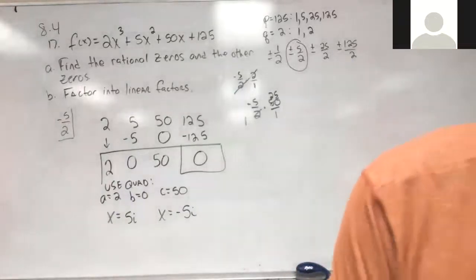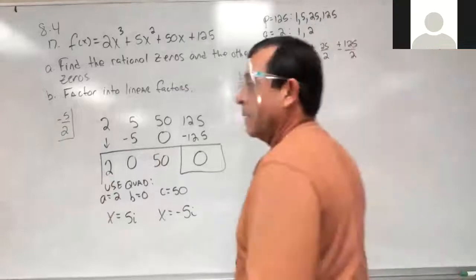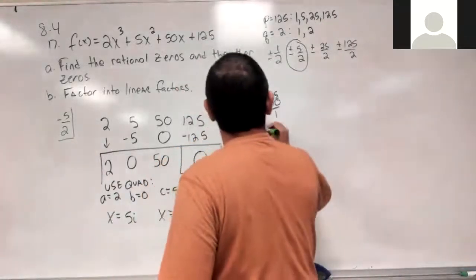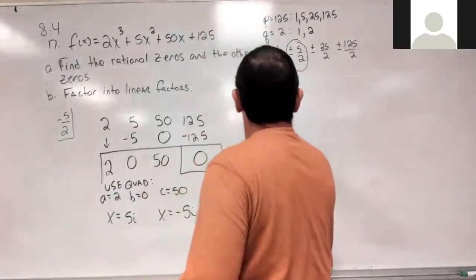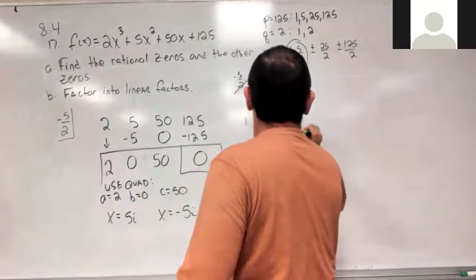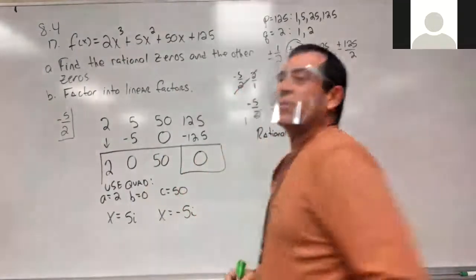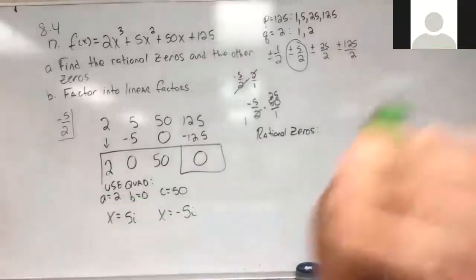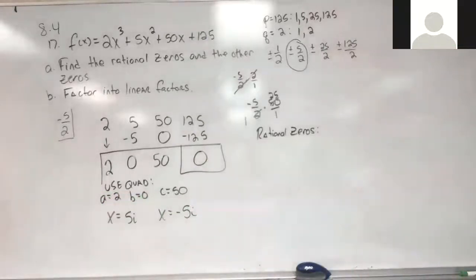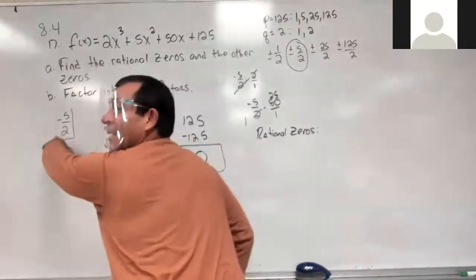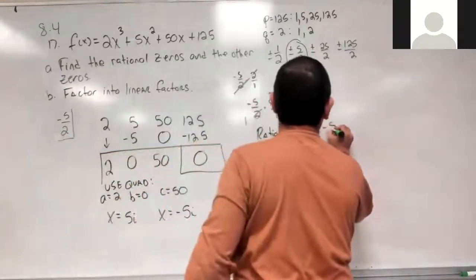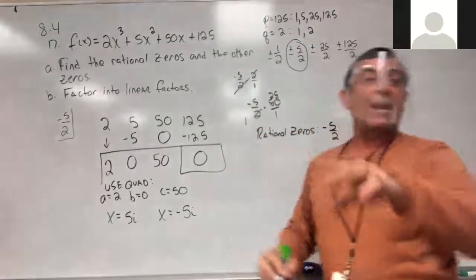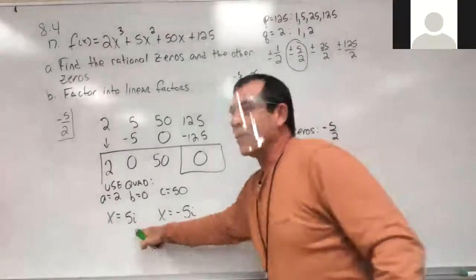So here's where you got to be careful when you're putting in these answers. So the rational zeros are any of the zeros that I can make look like a fraction. Well, I got one that looks like a fraction already. So the rational zero is going to be the negative 5 halves. And that's the only rational zero, because these aren't rational numbers.